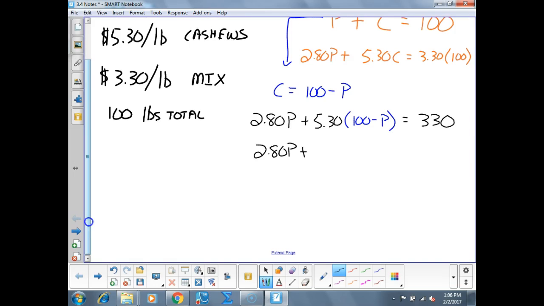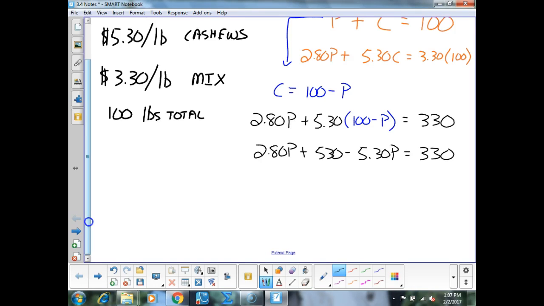2.80P plus 530 minus 5.30P equals 330. Negative 2.50P equals negative 200.